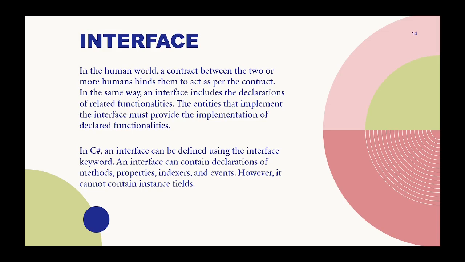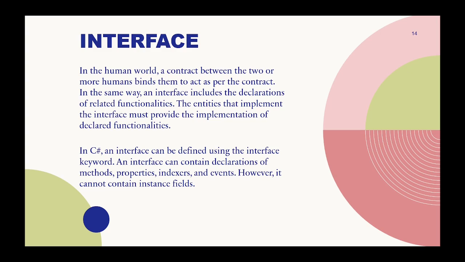Now, as I told you, multiple inheritance cannot be achieved by the OOP concept. To overcome that issue, we have interfaces. So with the help of an interface, we can achieve multiple inheritance. In the human world, a contract between two or more humans binds them to act as per the contract. In the same way, an interface includes the declaration of related functionalities.